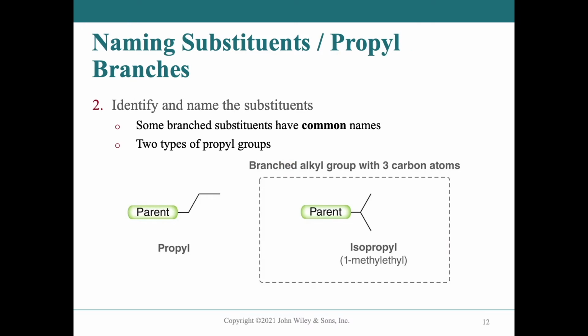So we also have some common names for some other substituents too. Here we have, as you've seen already before, a 3-carbon chain is called a propyl. But when you have a 3-carbon chain that's attached by the center, by the second carbon, that's called an isopropyl. That's the same thing as you would see in isopropyl alcohol.